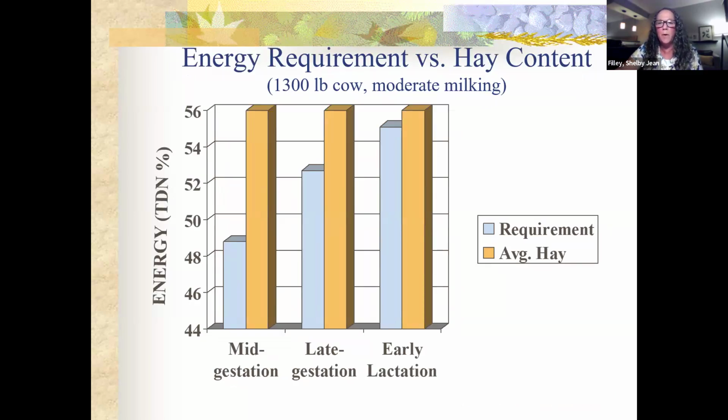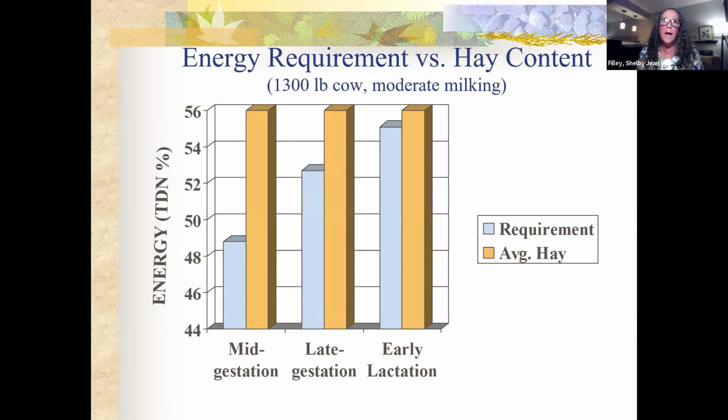Let's look at the energy requirement versus the hay content. The blue bars are the energy requirement of that cow. In mid-gestation, the energy requirement's pretty low. In late gestation and early lactation, the energy requirement goes up linearly, but it's not that large compared to the hay content.